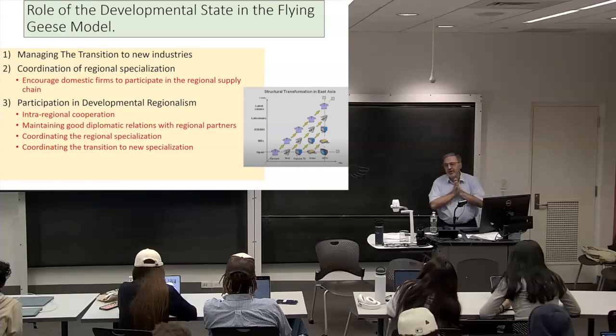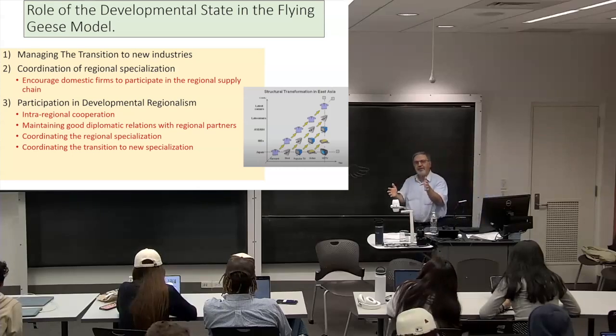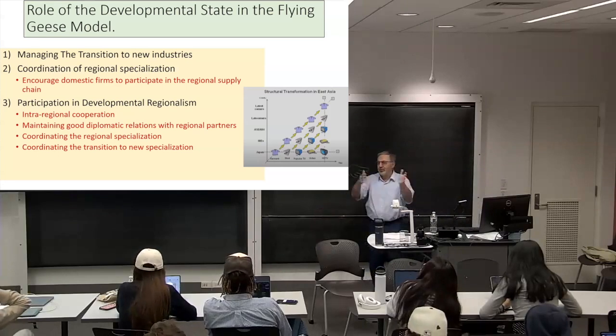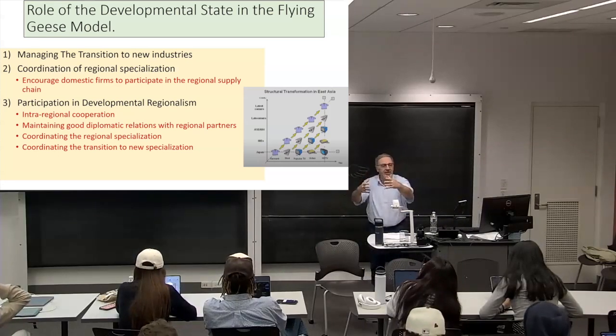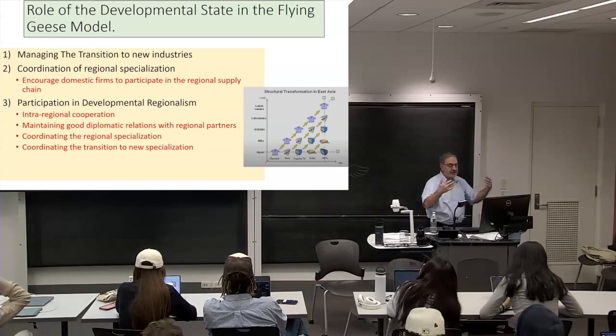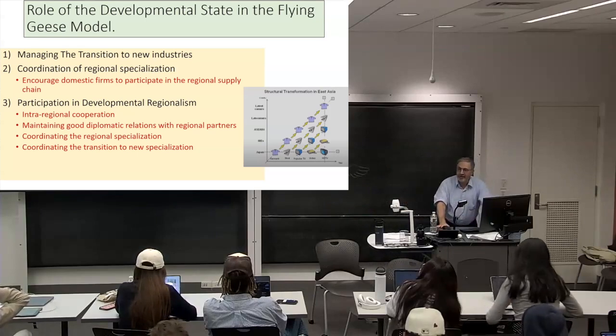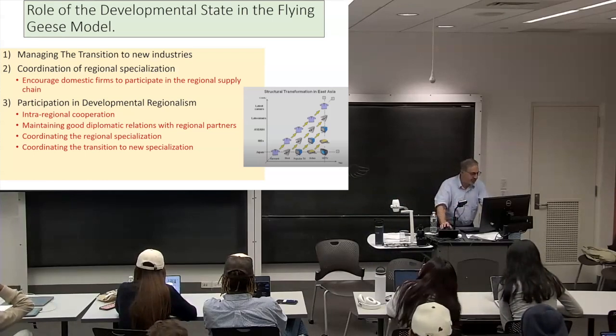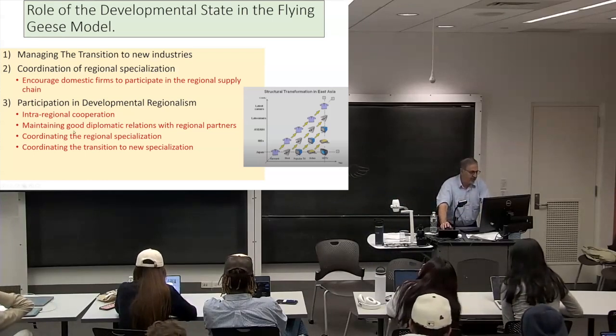Because for so many products, one component is produced in Malaysia, one component in South Korea, they go to another country and assemble. So you need coordination. So the government becomes the coordinator, facilitator, making sure all of these take place smoothly.